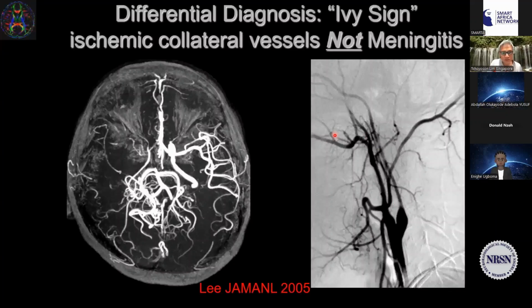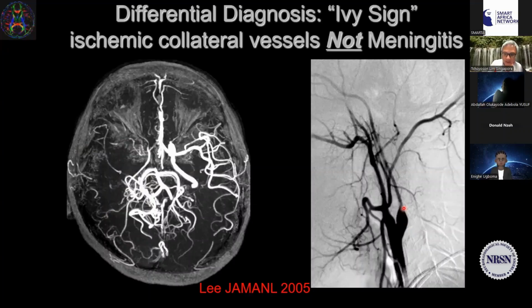and we did this. This is a time-of-flight MRA, and this is the digital subtraction angiogram. So it turns out that the patient had internal carotid artery flow, MCA, ACA flow on the normal side, very poor flow, a rat tail, thin flow in the ICA, very poor flow in the MCA, and look how the collaterals are trying to supply from the posterior cerebral artery in the meningeal areas.